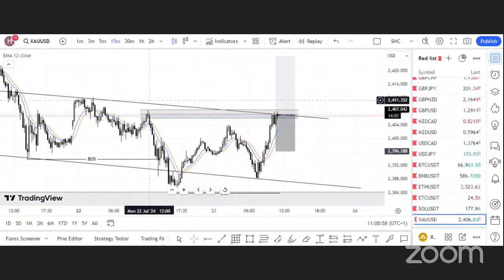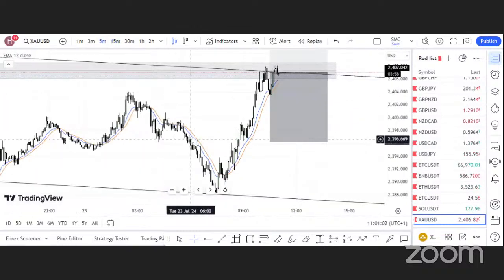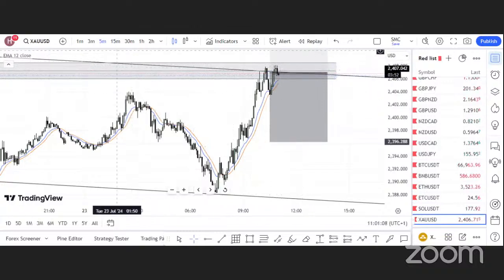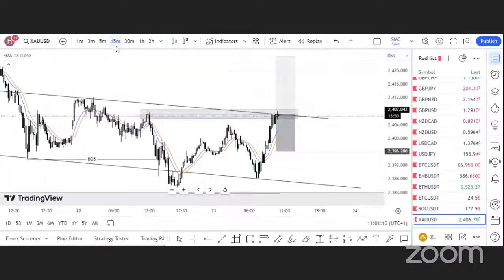All right. So the candle ended, and though it's above the level, it wasn't the kind of candle close that I would love to trade with.